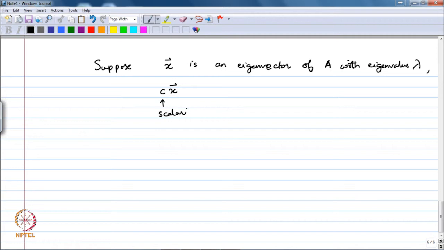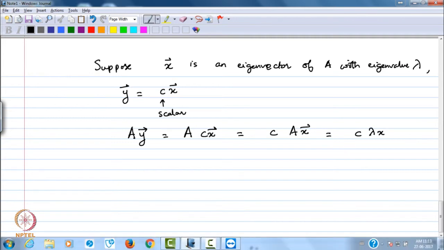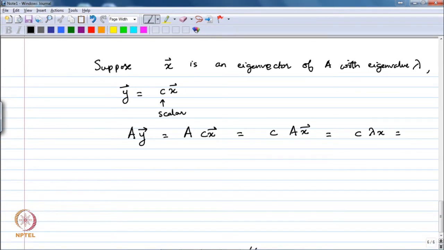Now C times X is, let me say Y is a vector, that is C times X. Okay. So C times X is another vector. Okay. Now you can clearly see that A times Y is equal to A times C x is equal to C times A x. C is just a scalar, you can take it to the left. Okay. So now A x is lambda x, so it is C times lambda x, and I can switch the lambda and C, and I can write this as lambda y. So, in other words, if you just look at this equation, so we get A y equal to lambda y.